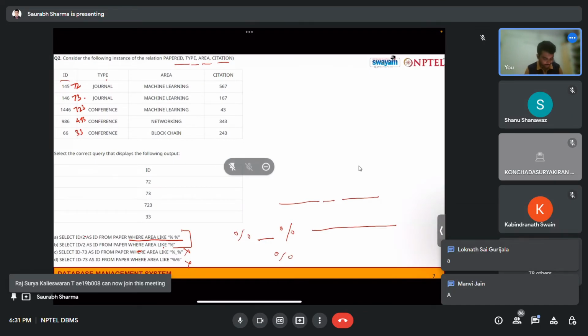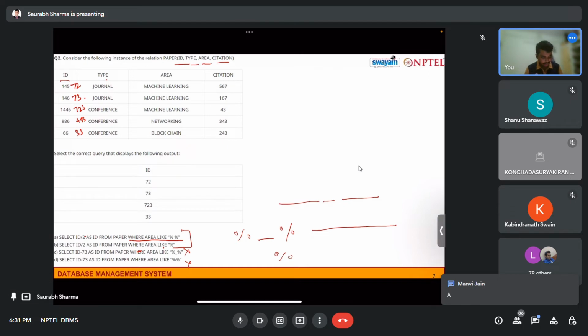If we see in this relation, there are two kinds of things in area. There is machine learning, blockchain. These four have a space between the patterns. So machine, then space, then learning. Same for blockchain. But networking is following only the percent.